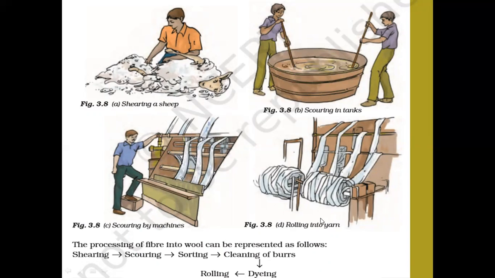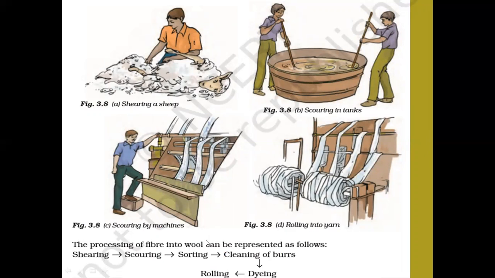Then we saw that we need to sort it and clean it of burrs. If they are present we need to remove them and wash it again. Then if we want particular colors, we need to dye it accordingly. And finally, all those fibers are rolled into yarn, so that the longer ones are used for making our sweaters and the shorter ones for woolen cloth.